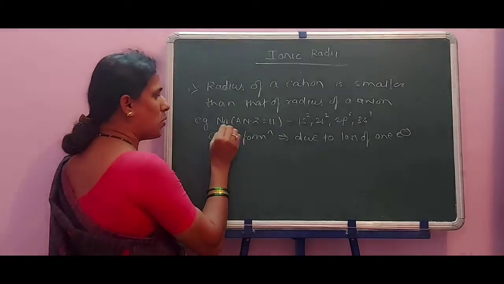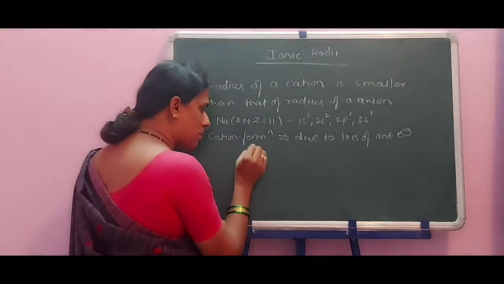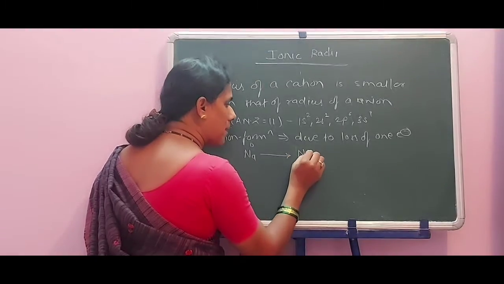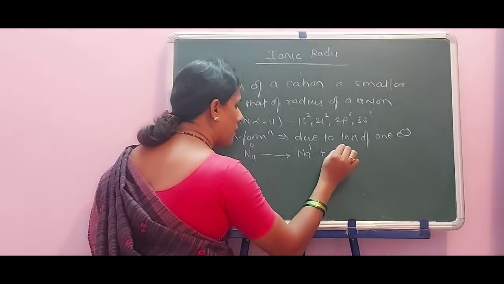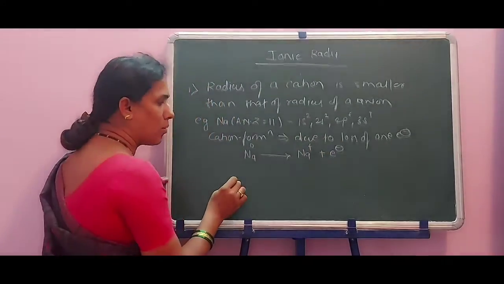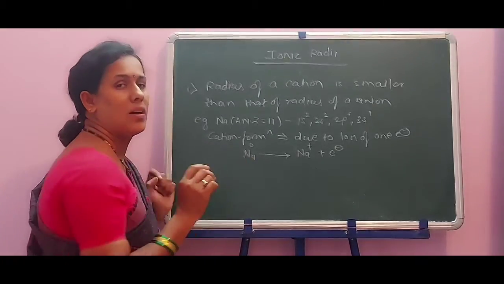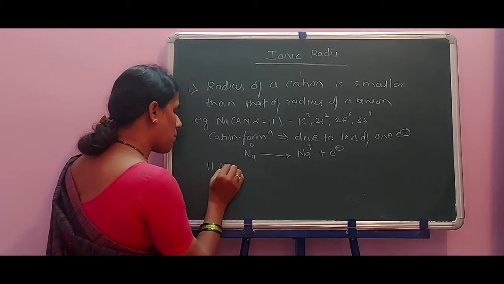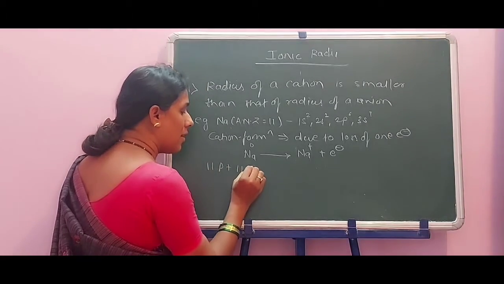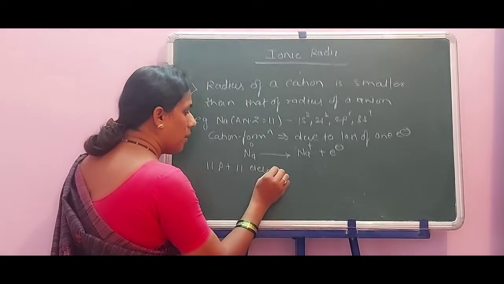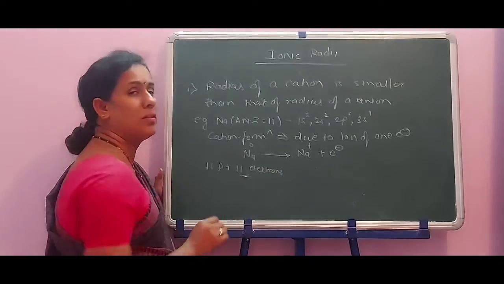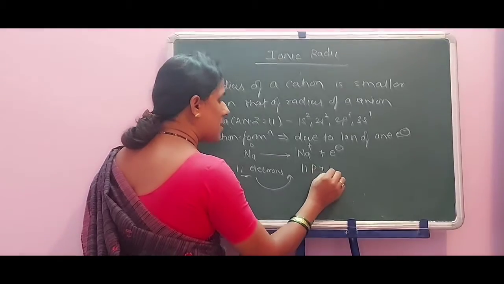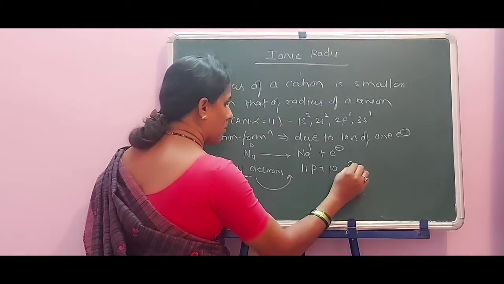Sodium from its metallic state or zero state gives rise to Na+ plus one electron. In sodium, how many protons and electrons? That is 11 protons plus 11 electrons. The loss of one electron gives rise to 11 protons plus 10 electrons.